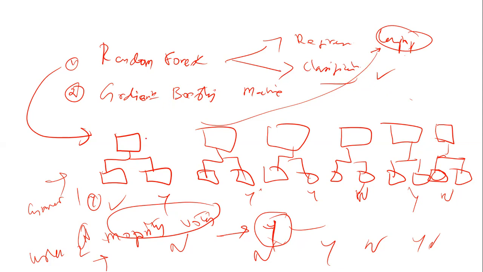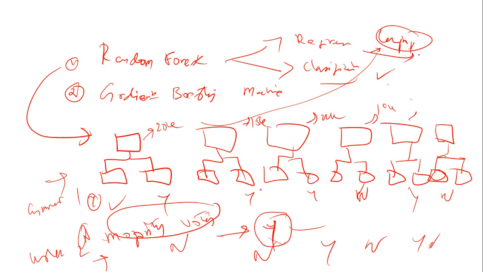Let's say each person predicts a different price: one says 20K, another says 15K, another 22K, another 19K. Different people predict different prices, and finally it aggregates the prices. Even in the case of a regression problem, random forest creates multiple trees.